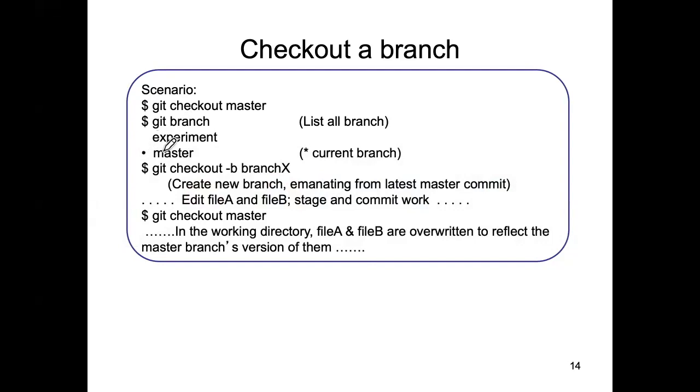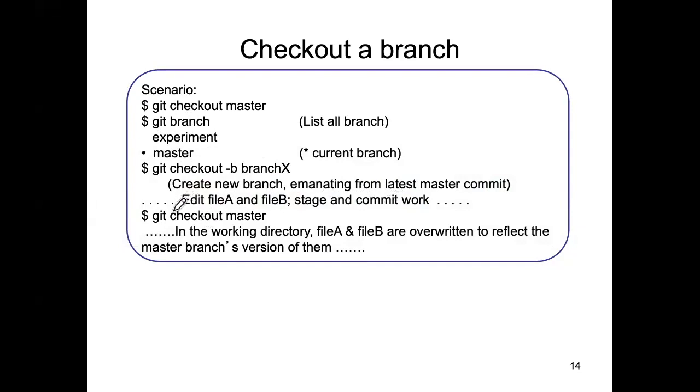So that's fine. If I then do a git checkout -b of branch X, that says create a new branch called branch X and switch to that branch. I then do some edits to, let's say, file A and file B, and I stage and commit.